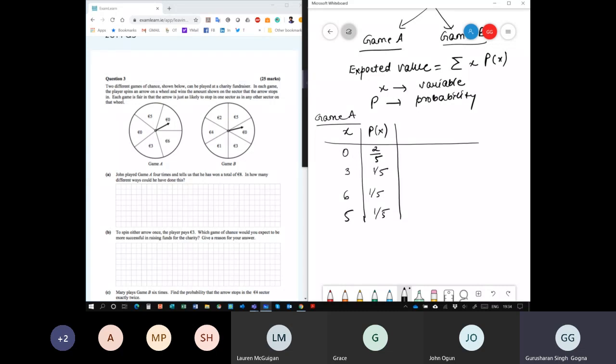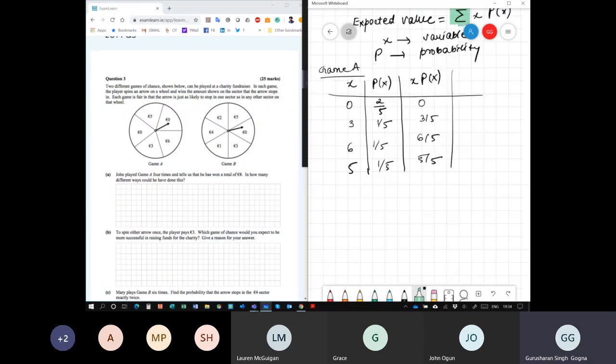And what is the formula for expected value? x multiplied by P(x). So you need to multiply that. When you multiply 0 by 2 over 5, you will get 0. This will give you 3 over 5. This will give you 6 over 5. And this will give you 5 over 5, isn't it? And sigma is the symbol for summation.